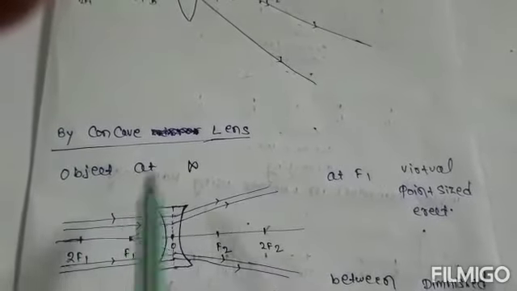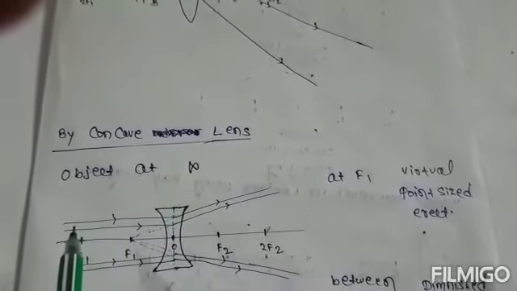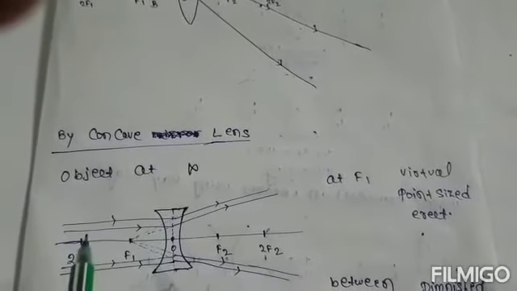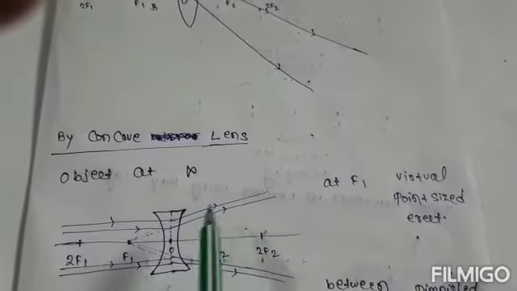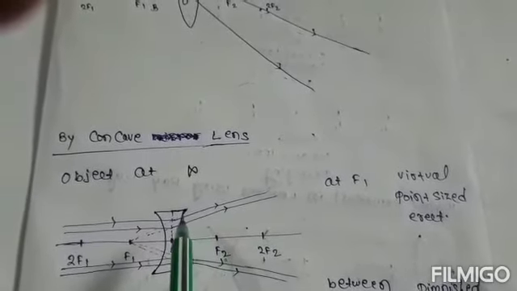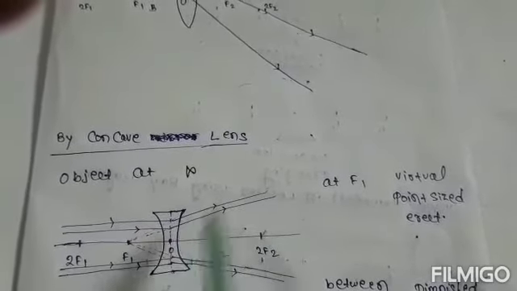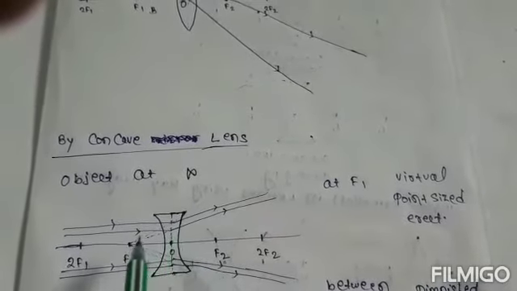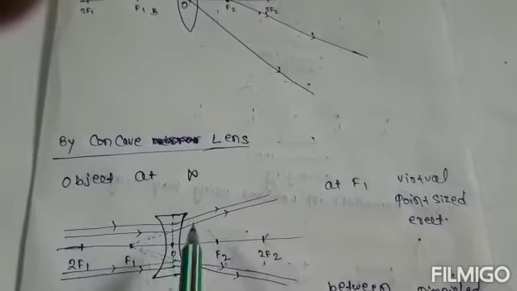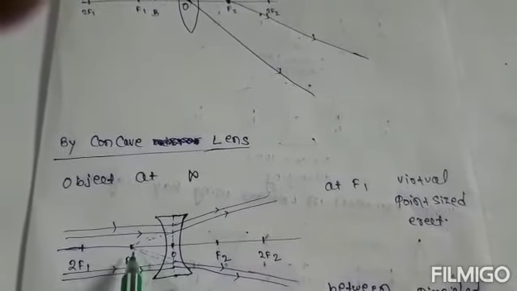Consider the object is placed at infinity. We know that at infinity we get only parallel rays, that means rays are parallel to the principal axis. As the concave lens is a diverging lens, the rays diverge like this. If we extend these refracted rays backward, they meet at F1.